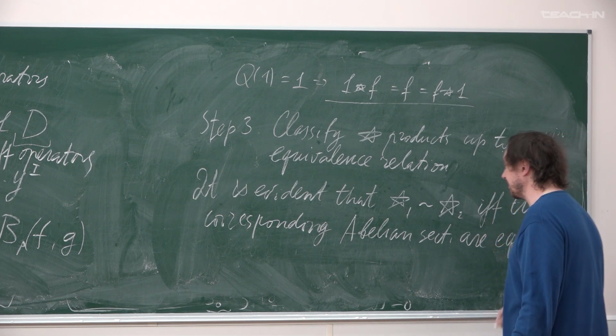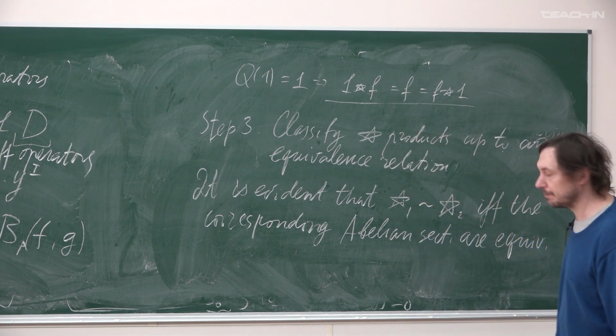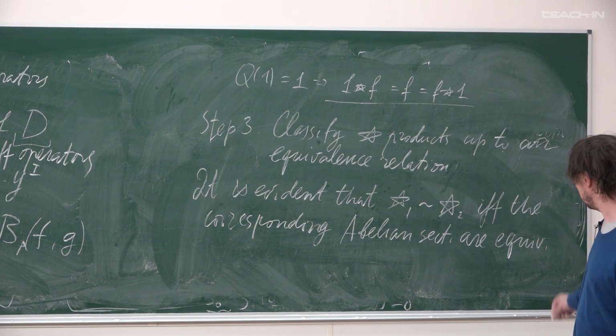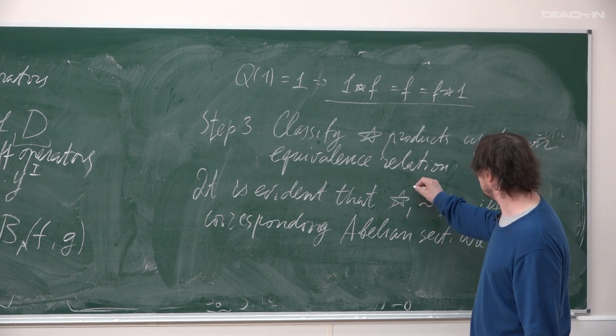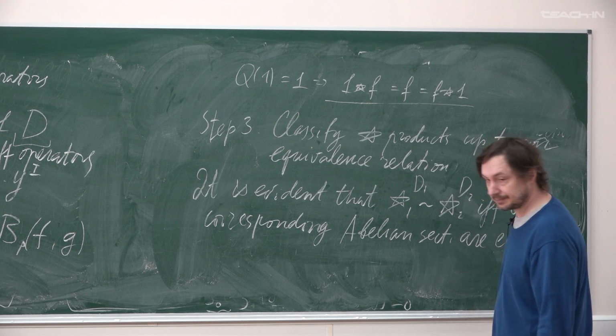Now that follows from the fact that the star products can be identified with the usual Weil product in the space of flat sections, which correspond to the connections D1 and D2, right?